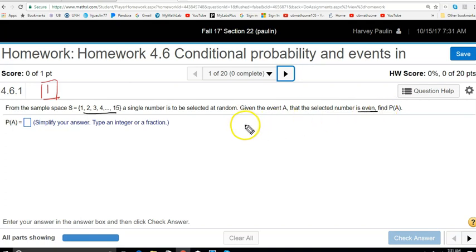So find the probability of selecting an even number from this. How many even numbers are there? You go 2, 4, 6, 8, 10, 12, 14. That would be 7, and then out of 15. And you'll type it as a fraction in this case. So this one is pretty straightforward.